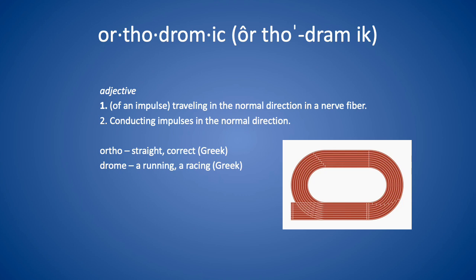Orthodromic, if we break it into the two words, means traveling in the normal direction of a nerve fiber, or conducting impulses in the normal direction. Ortho means straight or correct, and drome means running, like a racing track. And so I think about a racetrack where you're running in that typical normal fashion.